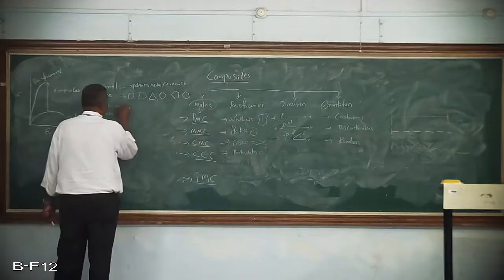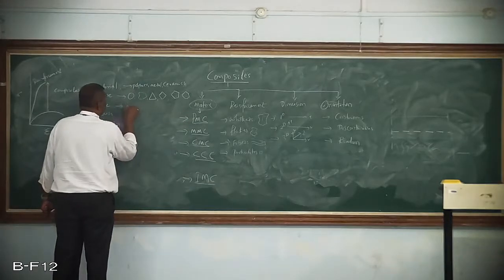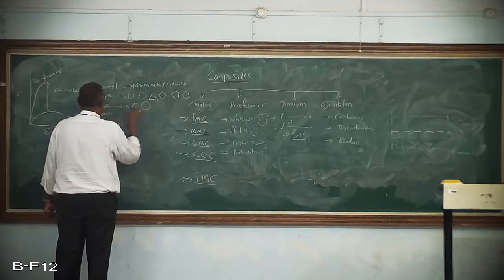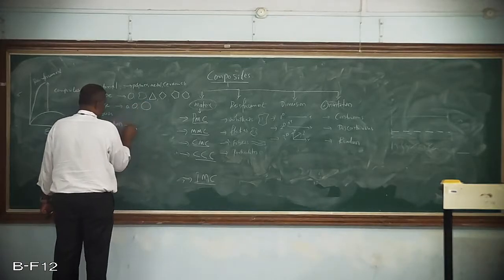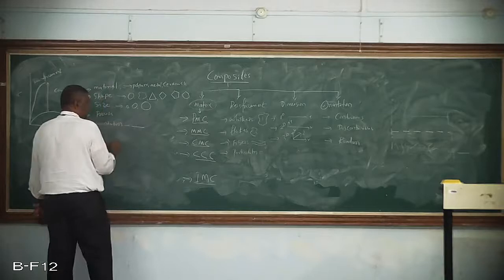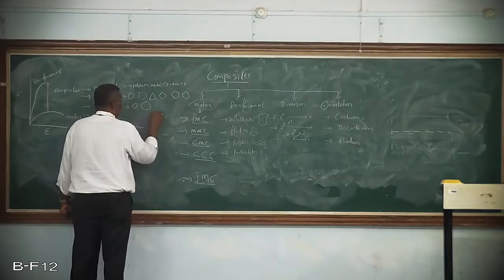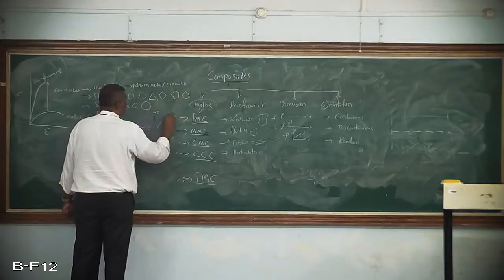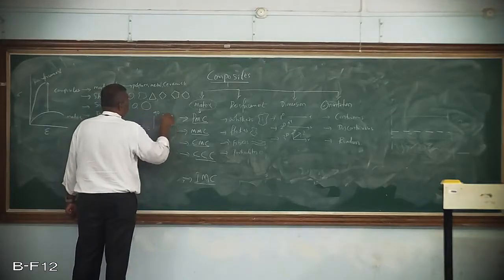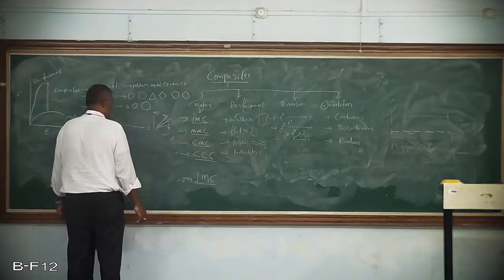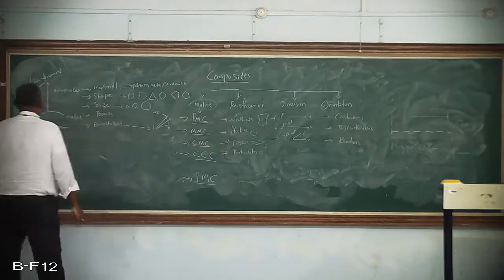So the size, so small, medium, large. Process, orientation, whether the fibers are aligned in this order, that is 0 degrees, or whether it is aligned in 90 degrees or any degrees from 0 to 90. So now let us see one by one.